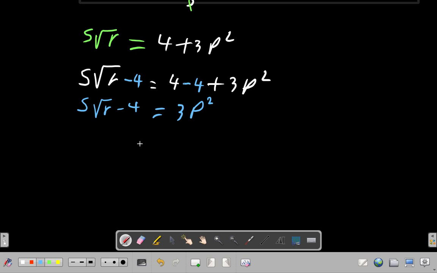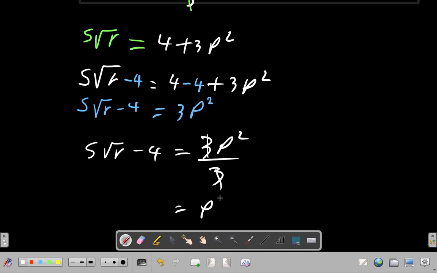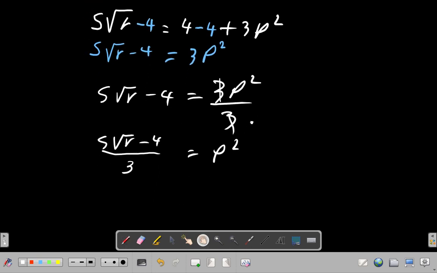The division will undo the multiplication. So, let's see. You have s square root of r minus 4 equals 3p squared. If you divide by 3, 3 will cancel. So you're going to have p squared. But let's go over here. S square root of r minus 4. You divided the right by 3. You must divide the left by 3 too. You maintain balance. Alright?